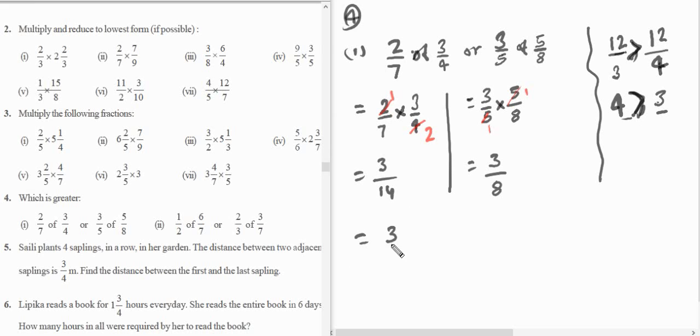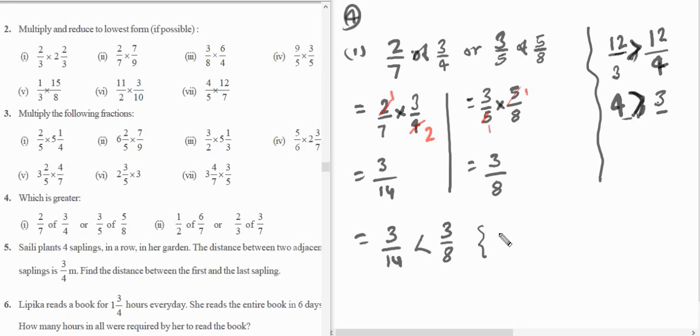Means here you can say that 3 upon 14 will be less than 3 by 8, right? Why?